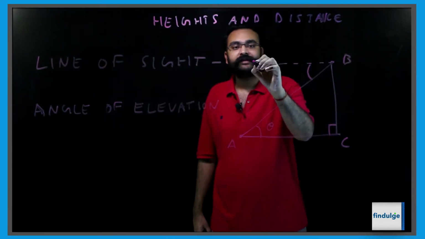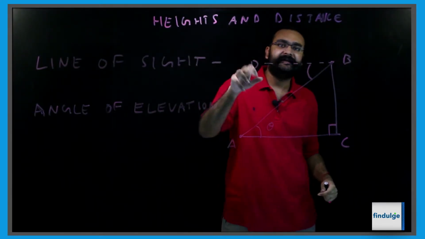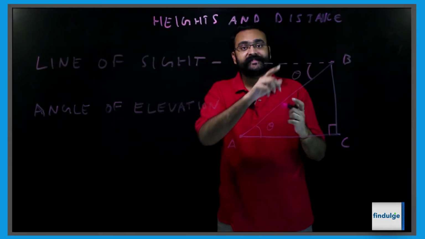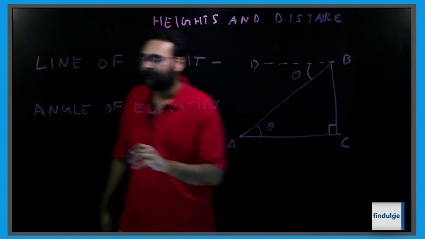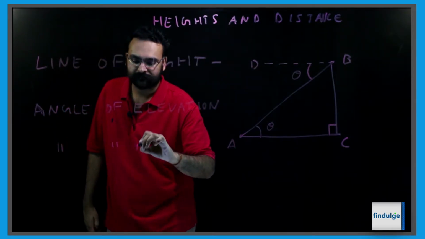So if I assume that this is some other point D, then angle ABD will also be equal to theta, and this angle is known as the angle of depression.